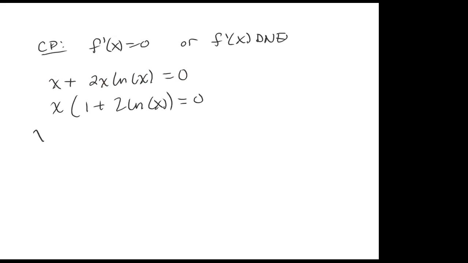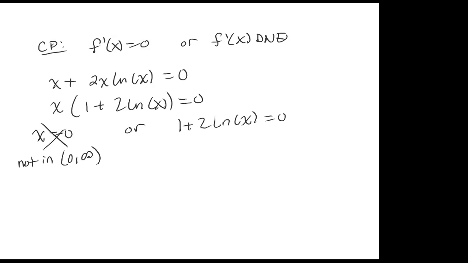So this means that x is equal to 0, or 1 plus 2 times the natural log of x is equal to 0. Well, x equals 0 can't occur. That's not in the interval over which this function is defined, from 0 to infinity. So I have to throw that out. But on the right-hand side, I can solve for it. I'll subtract 1 from both sides. 2 times the natural log of x is equal to -1.